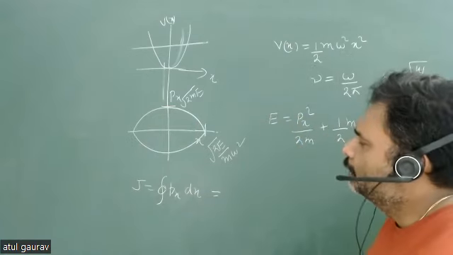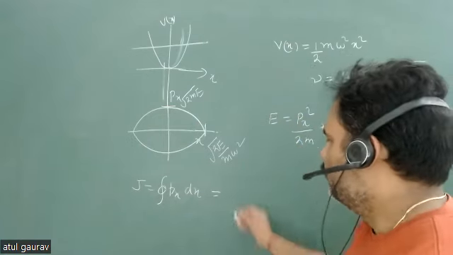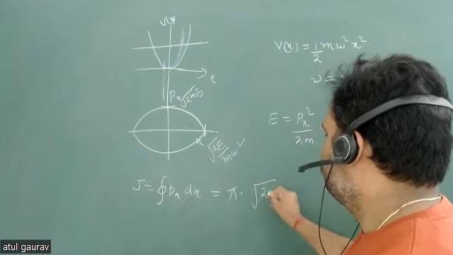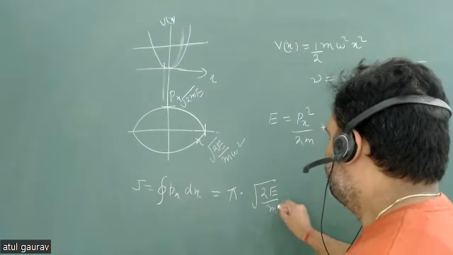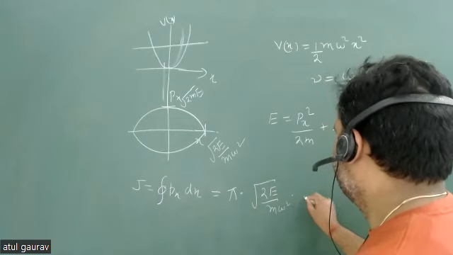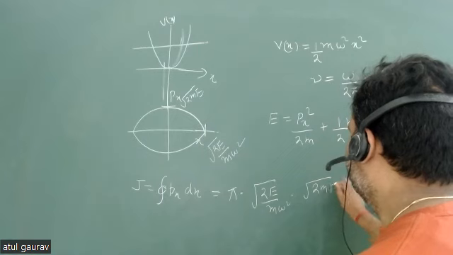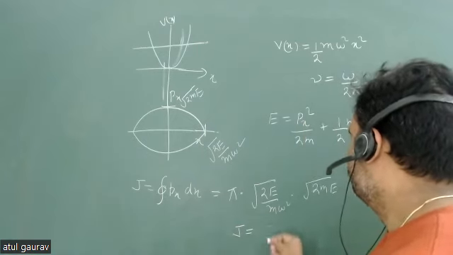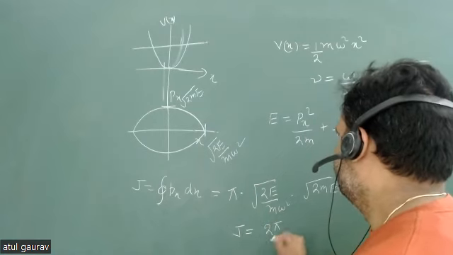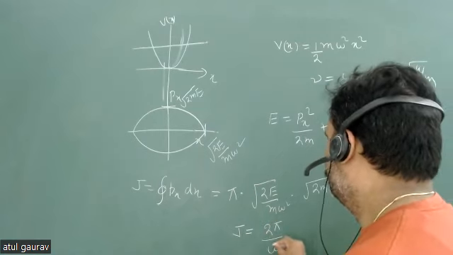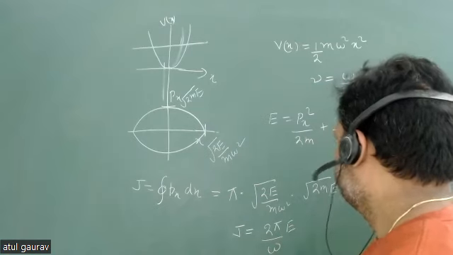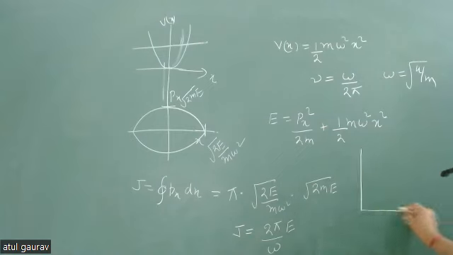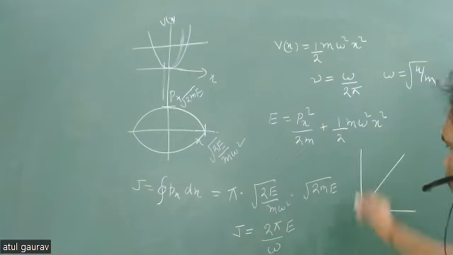क्या होता है area under the ellipse? Pi a into b. What is a? It is basically root under 2E upon m omega square. What is b? Here it is root under 2mE. And from here, we can find J is equal to 2 pi upon omega into E. This is your J versus E, and J versus E for the harmonic oscillator is actually linear in nature.